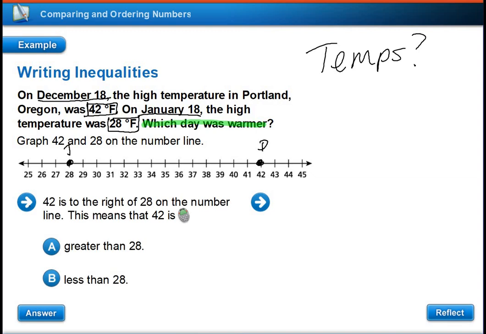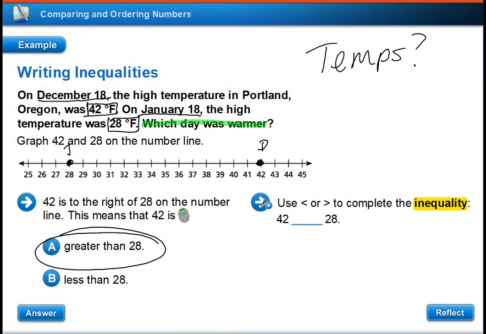So I know that 42 has to be greater than 28 because it is further to the right on the number line. Now I'm going to use an inequality symbol to compare them. So 42 is greater than, using the greater than symbol, 28.